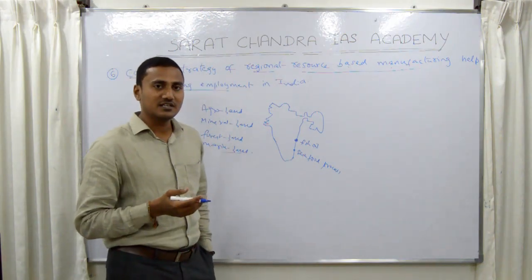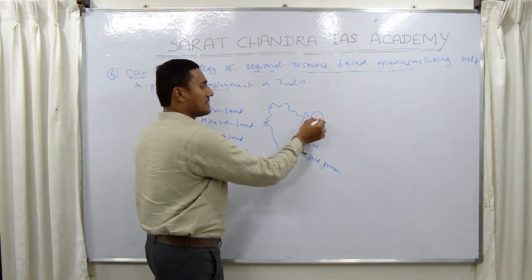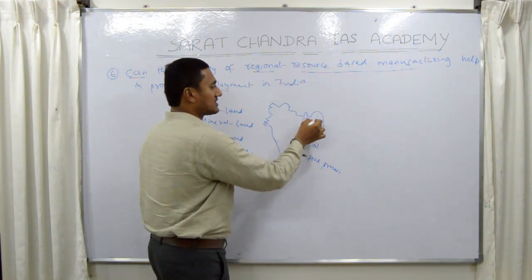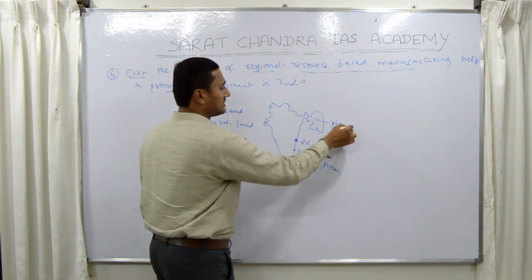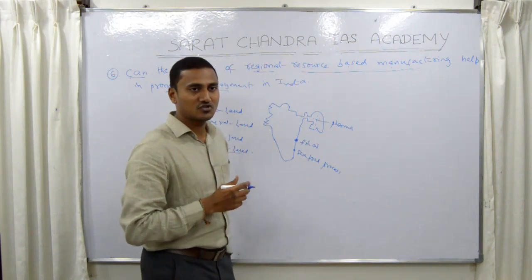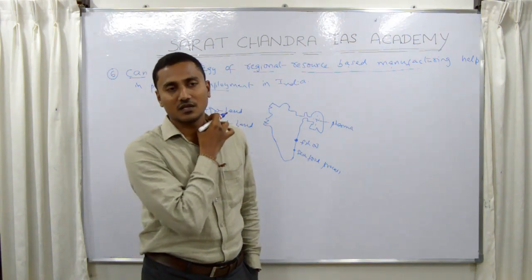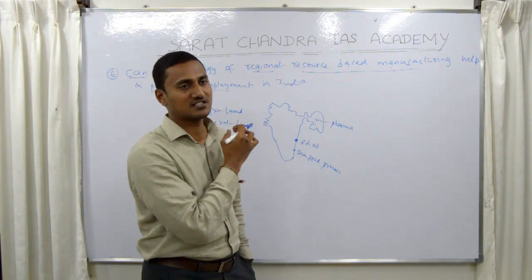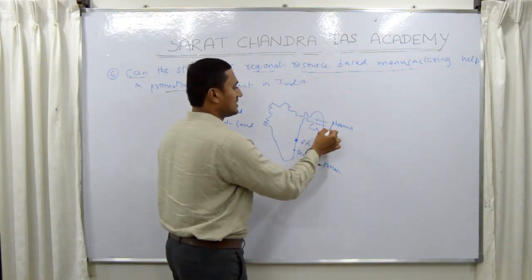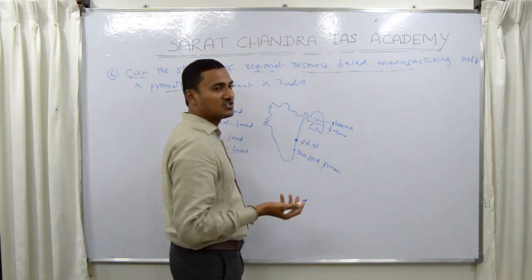The forest-based industries, maybe in the northeast India, in the forested areas, we establish the pharma industry, the pharmaceuticals that can be manufactured from the different species of the trees. Maybe paper and pulp industry, the paper industry, the furniture industry.